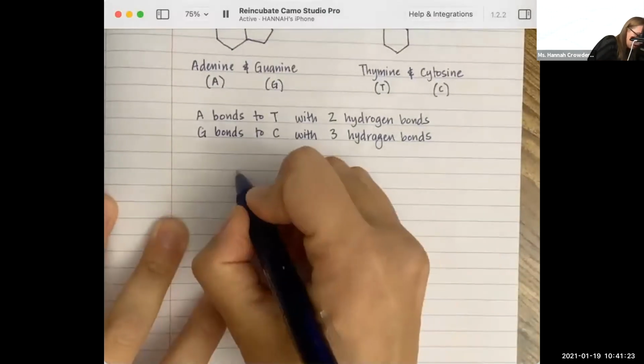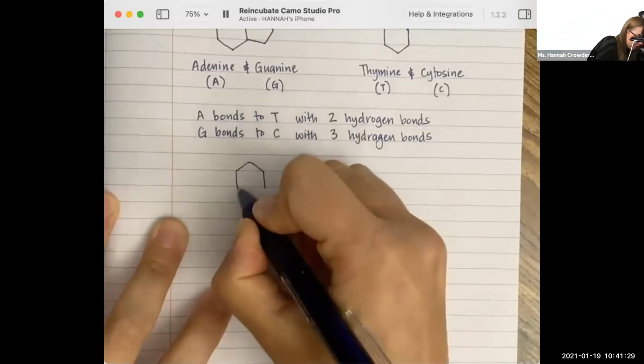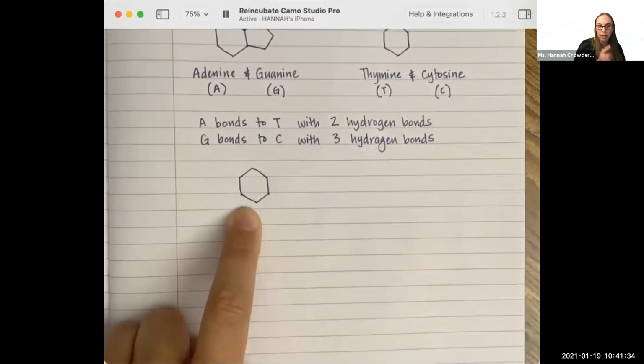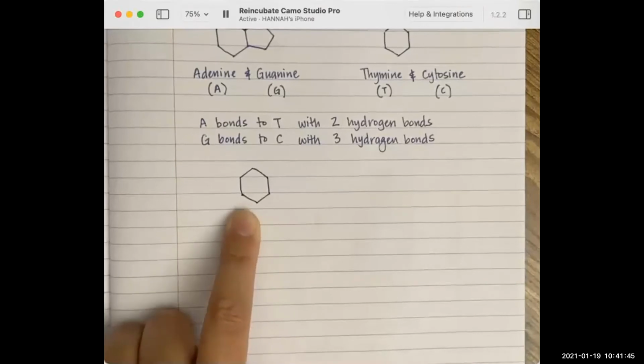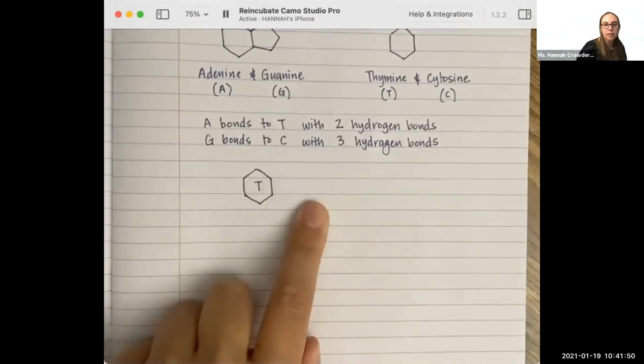So I'm going to draw one of these. If I draw this, there are only 2 options for what it is. What could it be? Cytosine or thymine? Yep, it could be C or T. Let's call this one T. If it's T, what's it going to bond with?